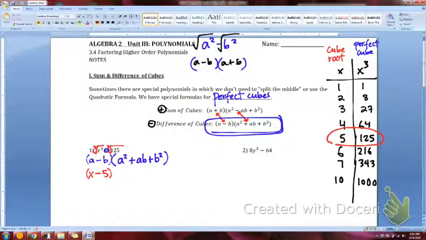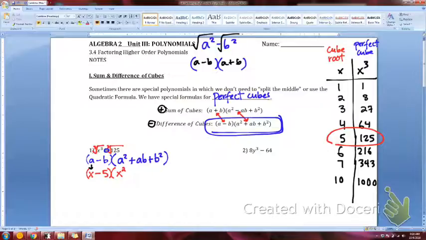So that's how we get a and b, by taking the cube root of the first terms that they gave me. Now the formula says to take your a and square it. So remember, our a value is this x over here. If I take that a value and square it, that gives me x squared. Now it says to take the a value times the b value.